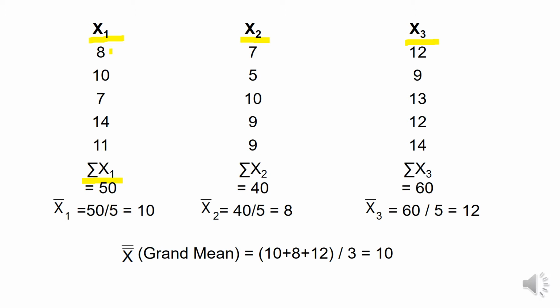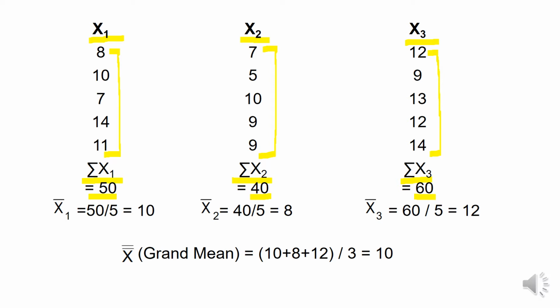We added all the values as given in the numerical for variable 1, and the summation of x1 is 50. Similarly, we then calculated the summation of values in variable x2, that is summation of x2, which amounts to 40. In the third part, we calculated the summation of x3 values by adding 12 plus 9 plus 13 plus 12 plus 14, which amounts to 60.